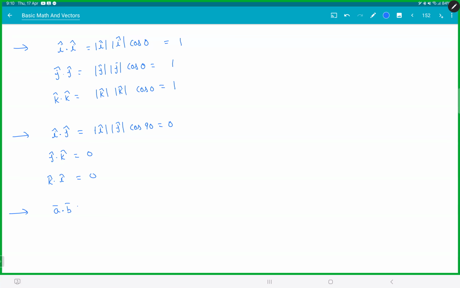We have a dot b is equal to b dot a. So I dot j is equal to j dot I. It is the same thing. So these are some of the properties here. So if you have a dot b bar plus c bar, you can expand this. A bar dot b bar plus a bar dot c bar.